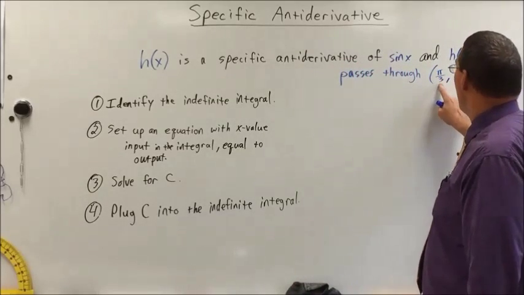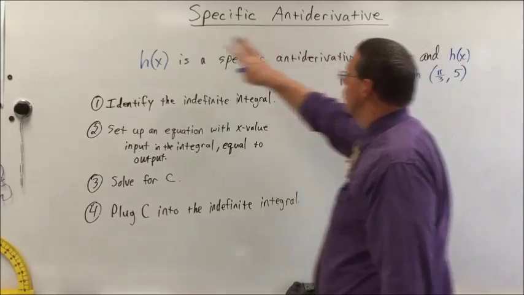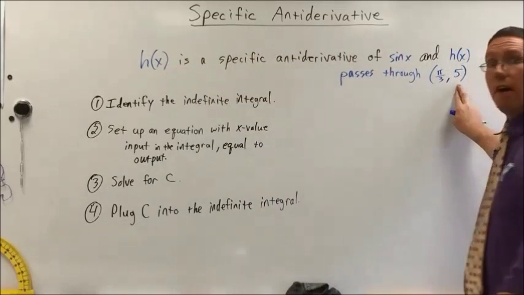That means that when you plug pi over 3 into h of x, you get an output of 5.